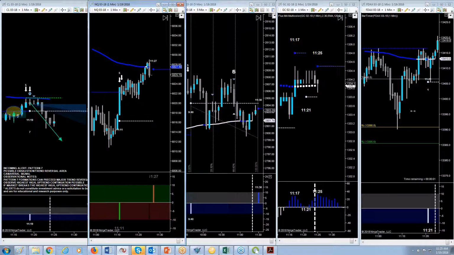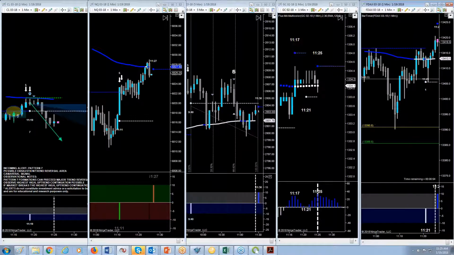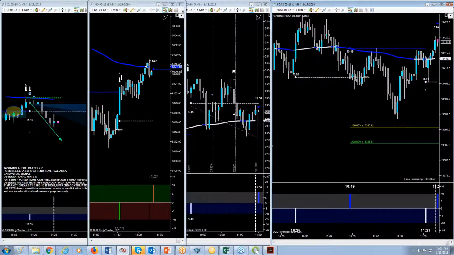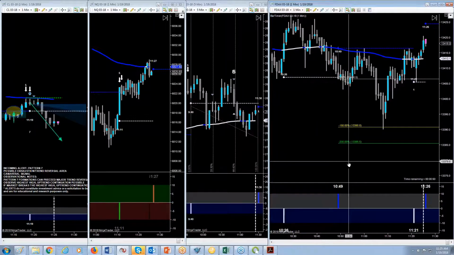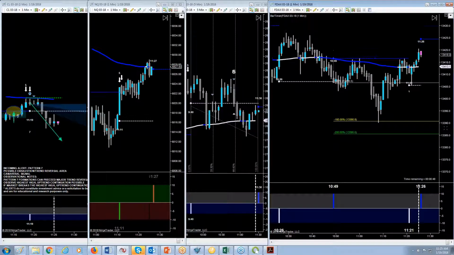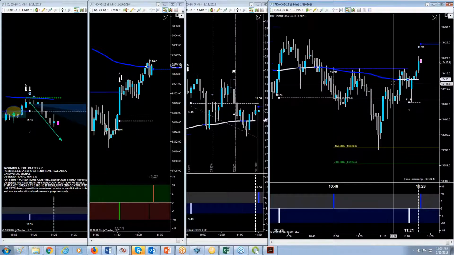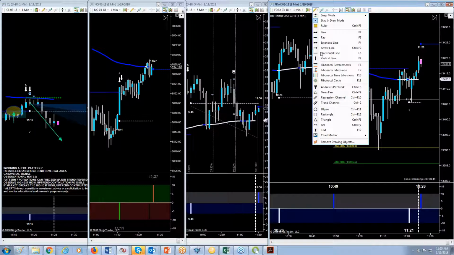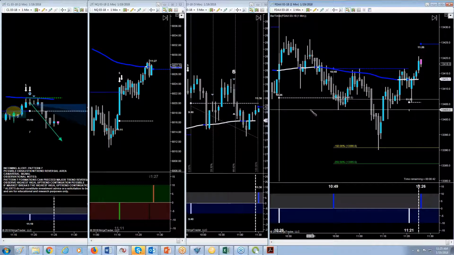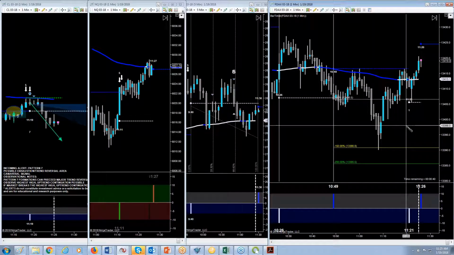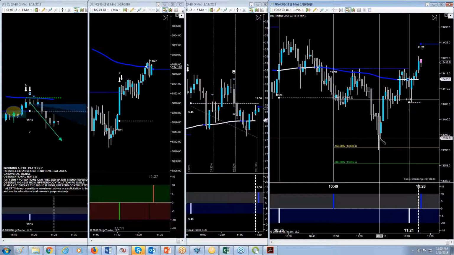Okay, on the DAX, we had another signal right here. We've had 3 signals in a row in the DAX, right? We had one at 10:26, we had one at 10:49, and we had one at 11:21.